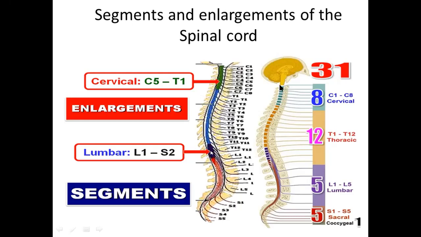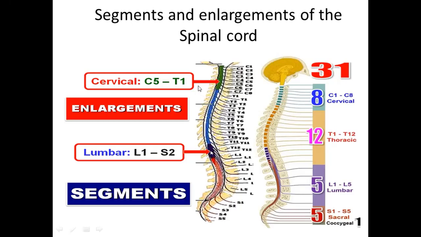Second, we discussed that there are two enlargements of the spinal cord in which the gray matter of the spinal cord is expanded to form the enlargement, and this occurs in the area of formation of plexuses.